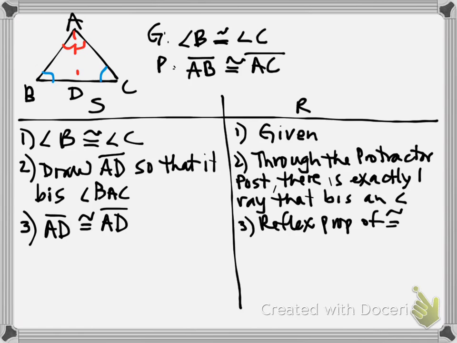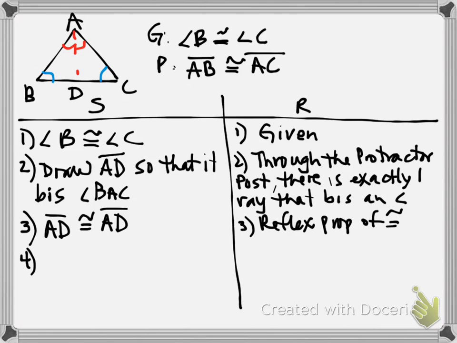It would give me angle CAD, segment AD, and angle CDA. So what can I use? What did you guys find? Sarah? I forget which one it is, but it's like if there's two triangles and there's two sets of angles that are congruent, then the third set is congruent.